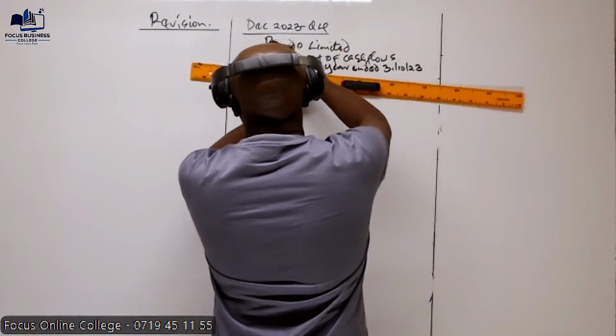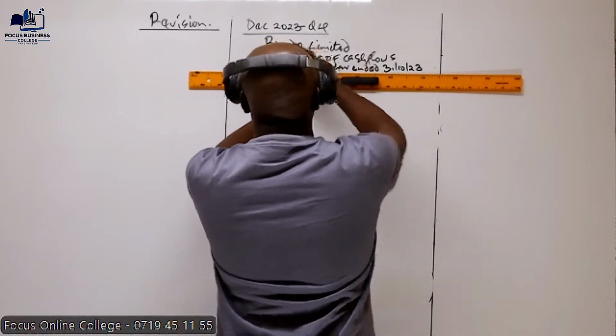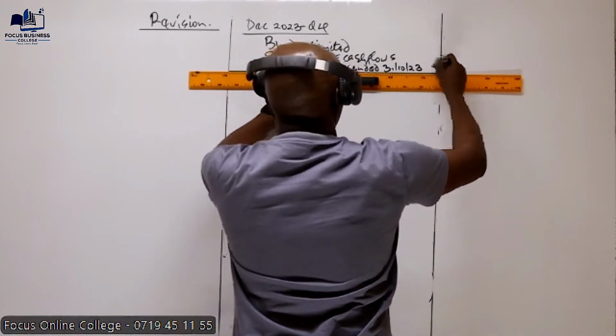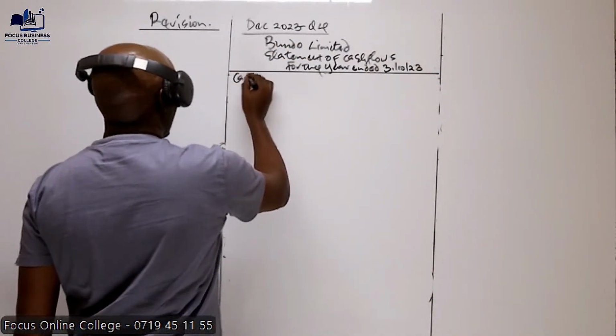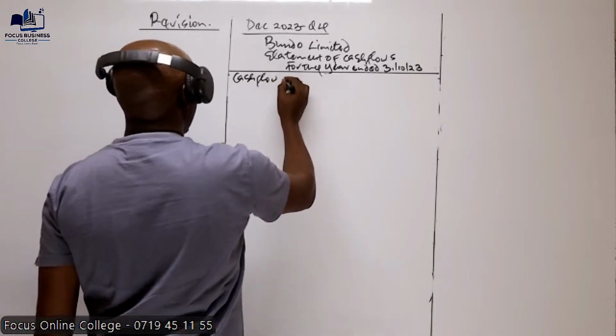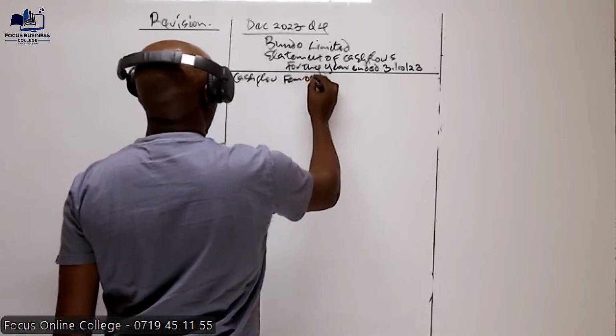In this case, I've said that we need to have three titles here. So always start by determining the cash flow from operating activities.